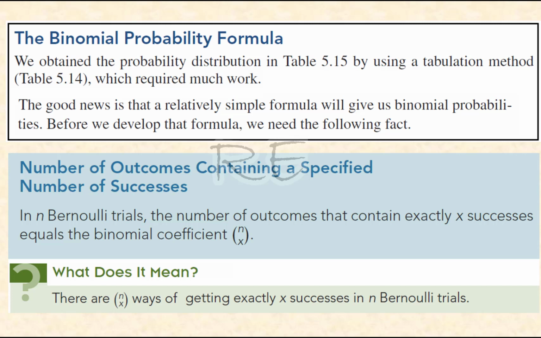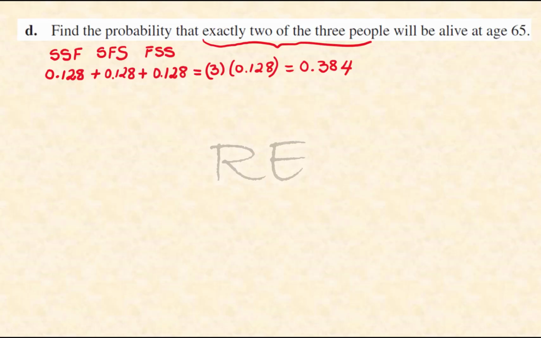The number of outcomes that contain exactly X successes is equal to the binomial coefficient, n choose X.